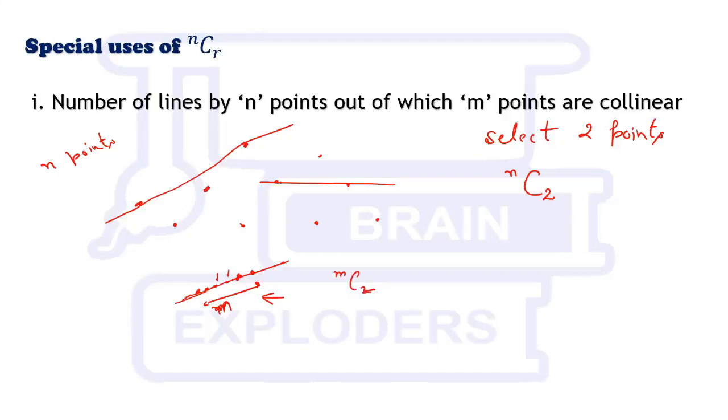So we have to count these mC2 ways just as one way, meaning we have to subtract these mC2 ways. If we subtract all of these mC2 ways, then this line will not be counted, but we have to count it at least once. So we have to add 1, and these are the number of possibilities.